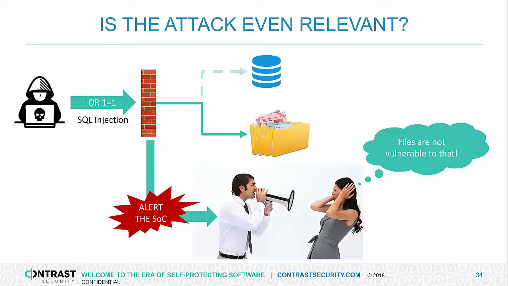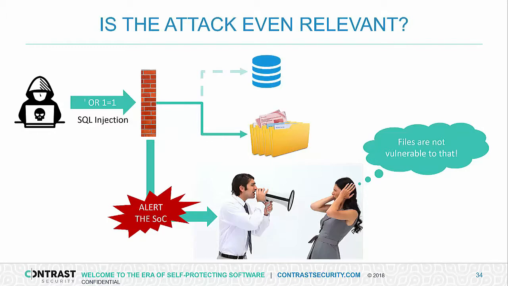The problem with this is the level of noise that it creates and an inability for anyone to actually investigate issues. So let's say that SQL injection attack comes in, and instead of going to a database, it doesn't actually reach a database. Let's pretend it's accessing a file. Now you're trying to access a file with a SQL injection attack, which is weird, but it doesn't actually harm a database because no database is used.